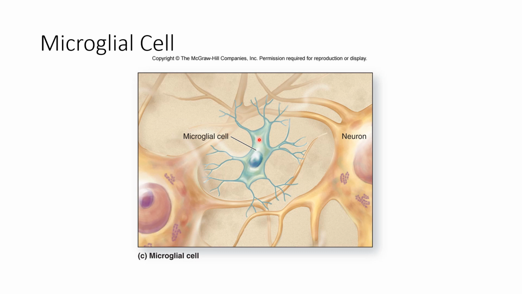If there are foreign particles, and not just foreign particles, if there are dead particles in the brain tissue or in the spinal cord, the microglial cells are going to move up to those particles, swallow them up and break them down. So the microglial cells do not allow any debris to be found in your brain or in your spinal cord tissue. They will clean it up right away.